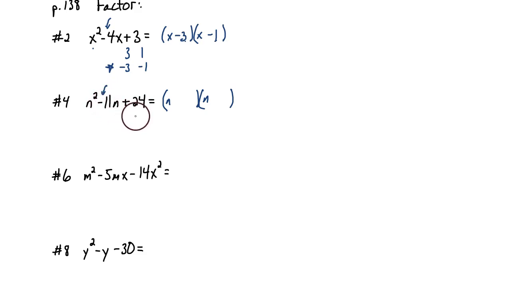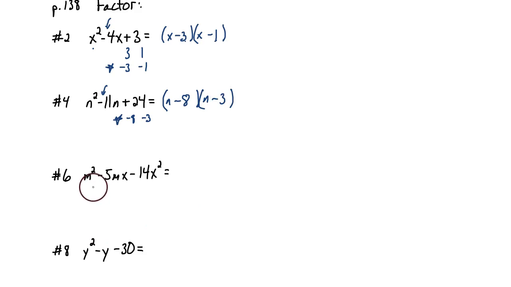So let's consider only the negative possibilities. One pair of numbers that multiplies to positive 24 is negative 8 times negative 3. There are more pairs, but this is the pair we want because these two numbers combine to negative 11. So fill in minus 8 and minus 3.